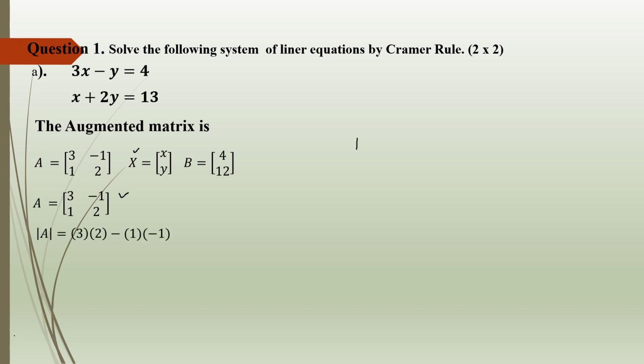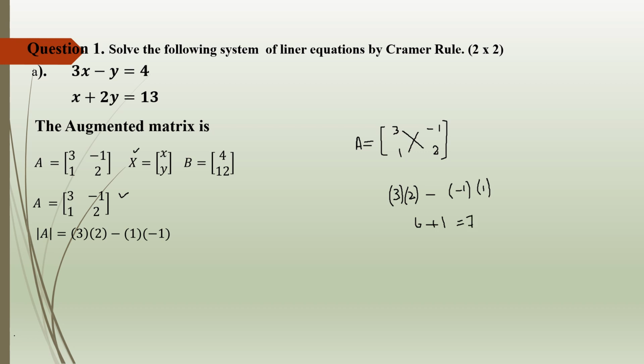So here, my dear student, we have already done this in our previous class. Just for a quick reminder, 3, minus 1, 1 and 2. Just multiply the diagonals with each other. So 3 multiplied by 2, then we have to put the minus sign, and then minus 1 multiplied by 1, so it will become 6 plus 1, so the answer is 7.